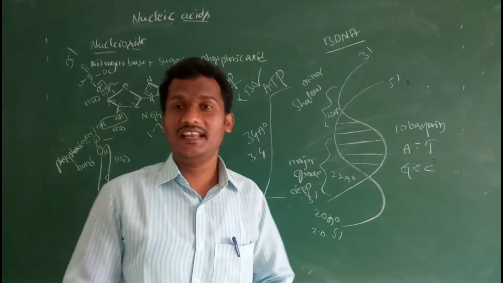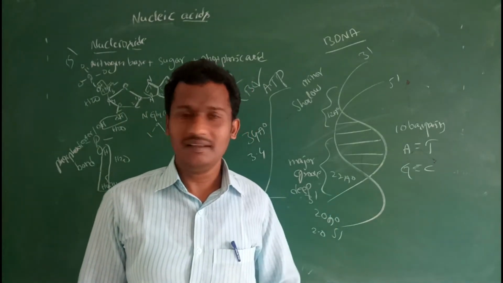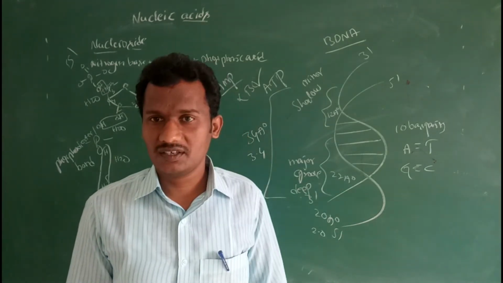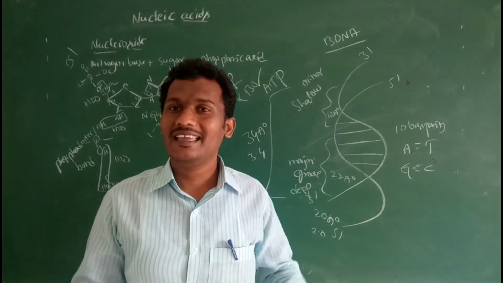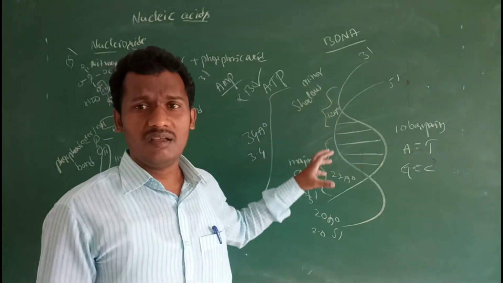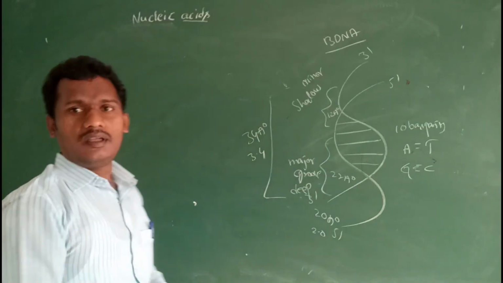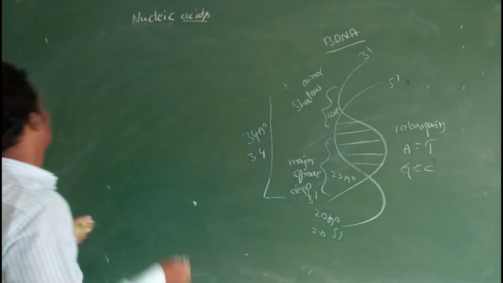That's why A DNA is the widest DNA. In Z DNA approximately 18 angstroms are present, so it is the thinnest. So those are the characteristic features of B DNA. Next one, RNA.